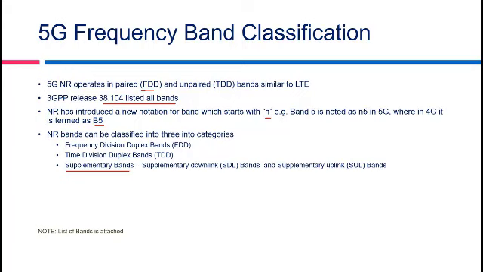The bands which support downlink are known as supplementary downlink bands, or SDL, and the bands which can be used for uplink are known as supplementary uplink bands, or SUL. SDL bands are used for increasing the downlink capacity, and SUL bands are used for increasing the uplink capacity.